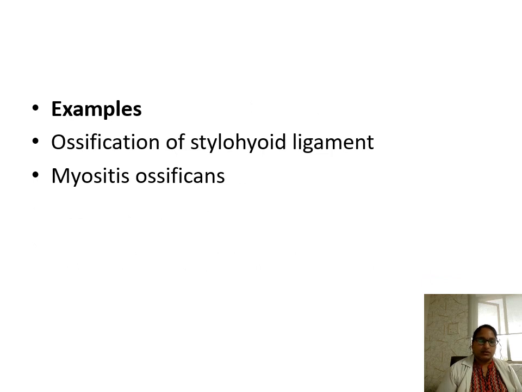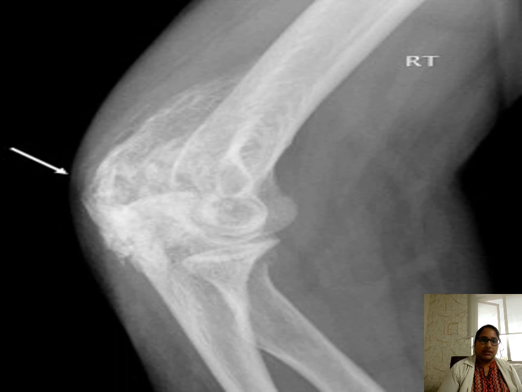Examples of metastatic calcification include ossification of the stylohyoid ligament and myositis ossificans, where the muscle and soft tissues undergo ossification. This is an X-ray showing soft tissue replaced by metastatic calcification. This is an example of myositis ossificans.